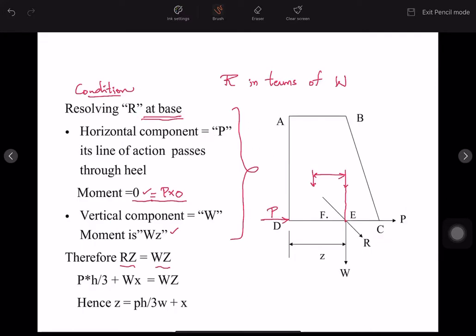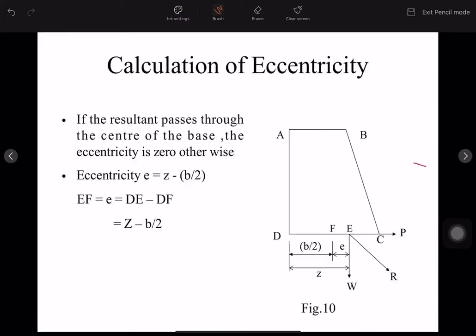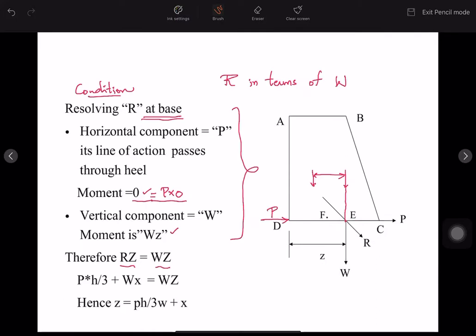So P into h by 3 plus W into X equals W into Z. Hence we get an equation for Z as P into h by 3 by W, plus X. This can be written like this. So this is the Z equation.